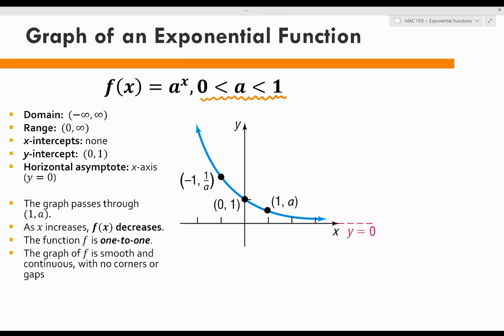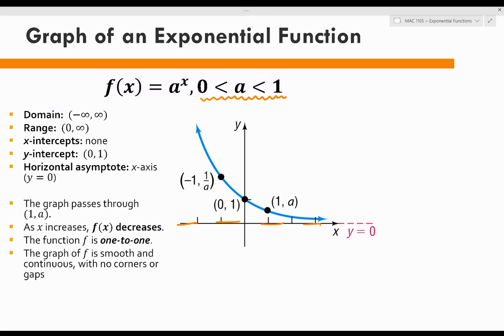It still has no x-intercepts, it still has the same y-intercept, and it still has this horizontal asymptote. The graph passes through that same point, 1, a, but instead of increasing, the graph decreases. It's still one-to-one, and it's still smooth and continuous with no corners or gaps.